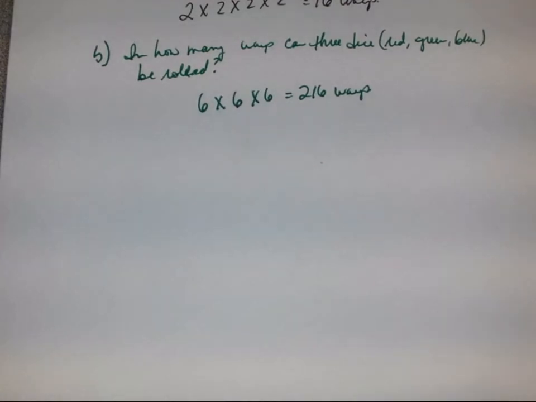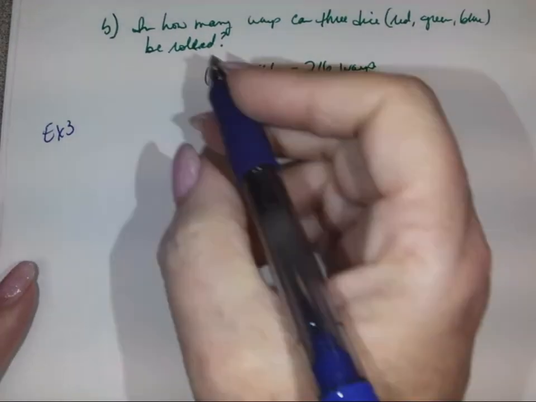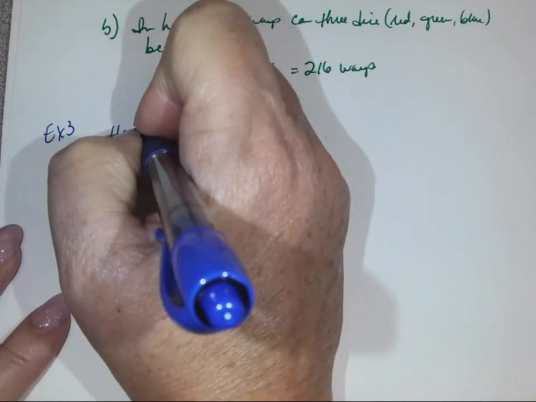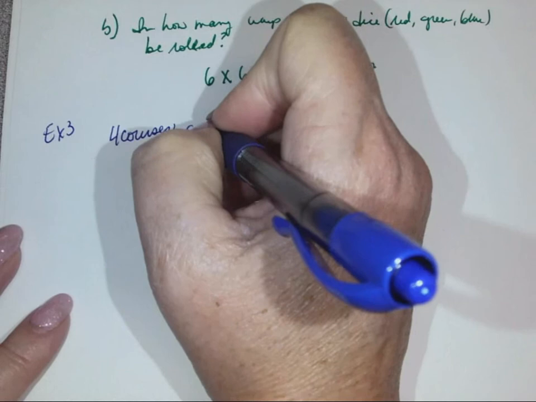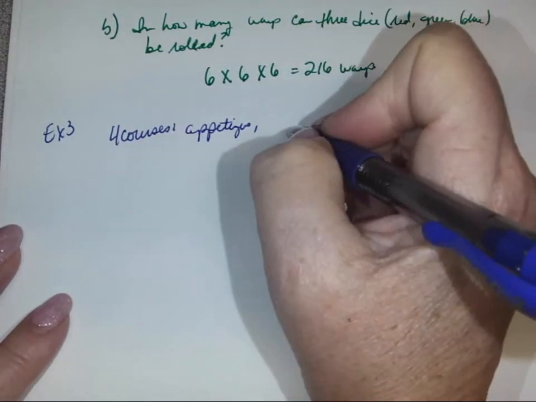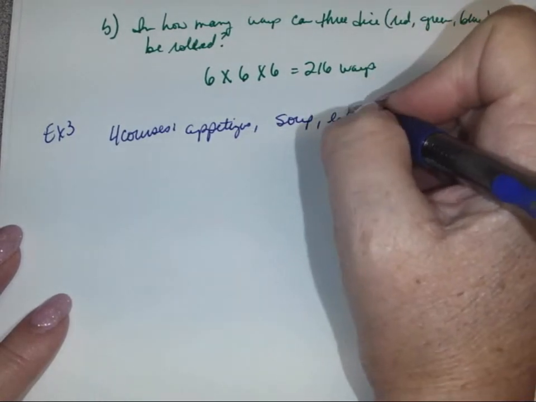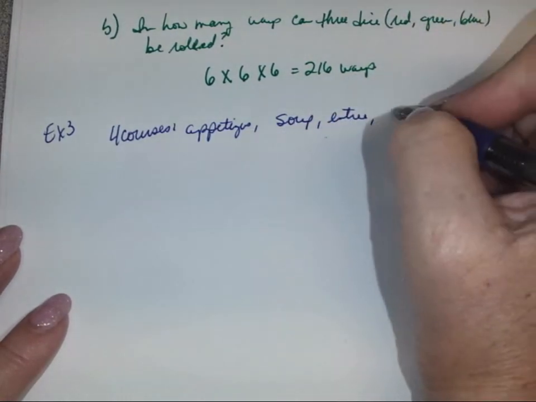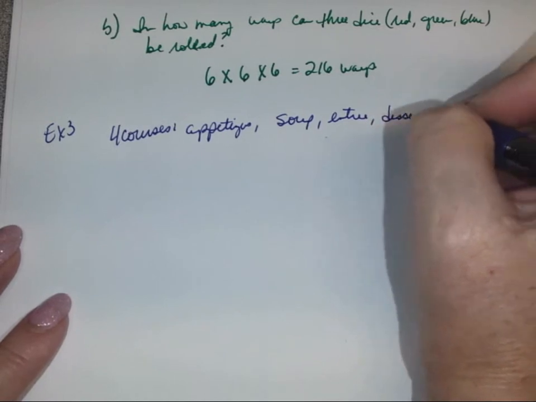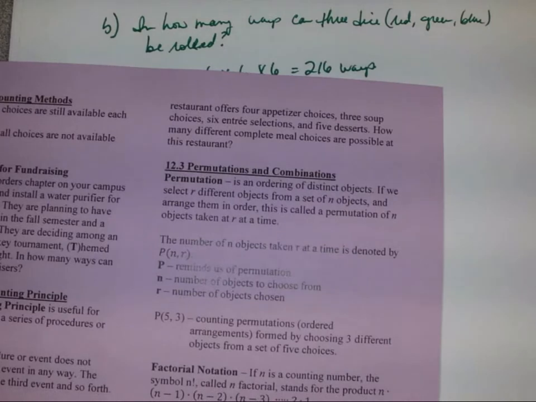All right, so let's look at example 3. So there's 4 courses. We have appetizers, we have soup, the entree, and dessert. And we want to know how many ways we can order this.